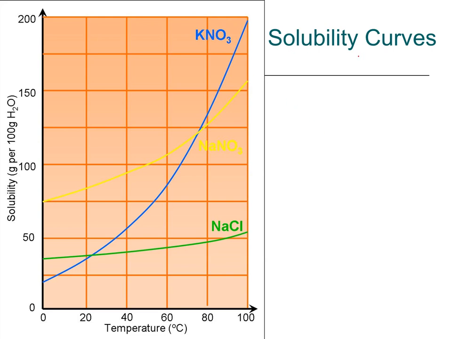Solubility curves are a way of showing how much something dissolves. So they tend to have the amount of solute that will fit into 100 grams of water. They have that on the left here. So the solubility in grams per 100 grams of water. So this right here would represent 50 grams of solute dissolving into 100 grams of water.